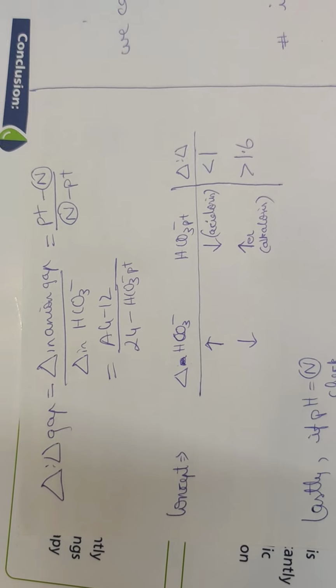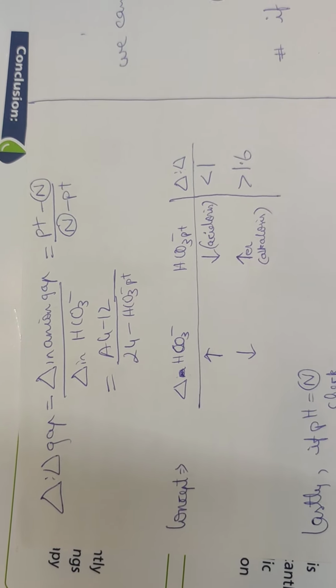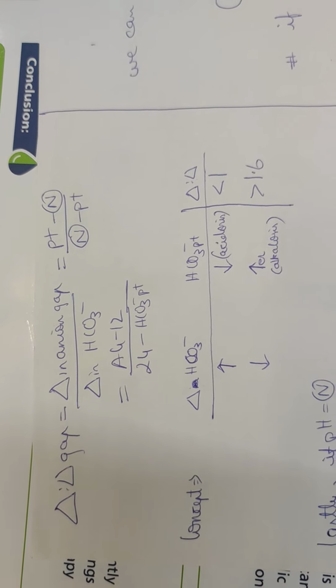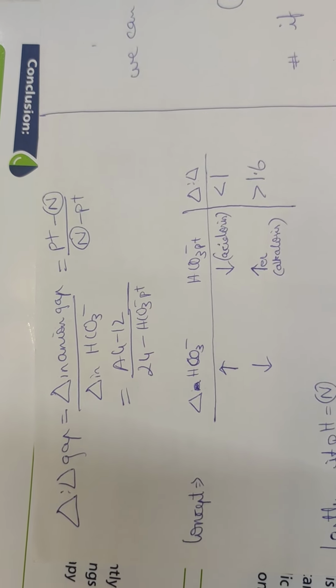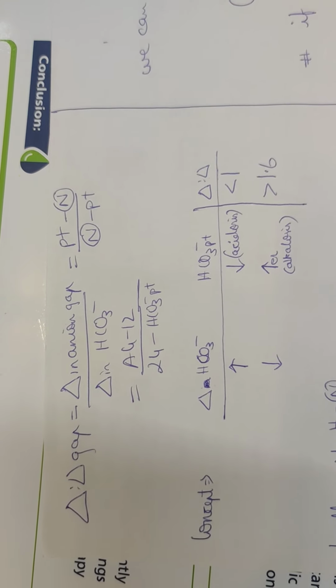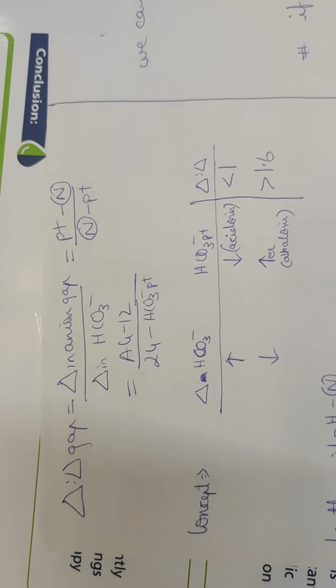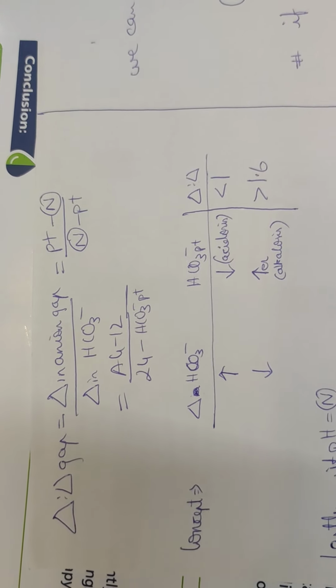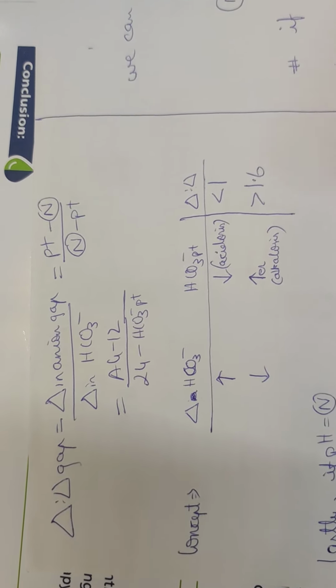Now a delta gap is calculated by finding the change in anion gap divided by the change in the bicarbonate. So usually the anion gap in the patient is much more and the bicarbonate in the patient is much less, because we're talking about a high anion gap metabolic acidosis.